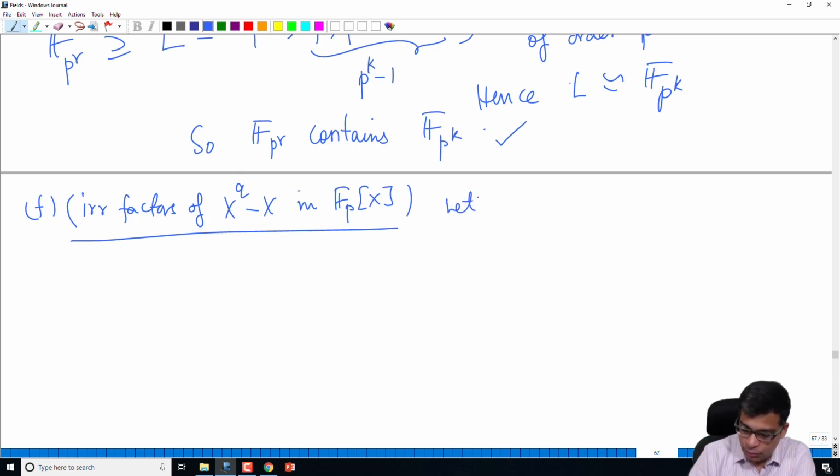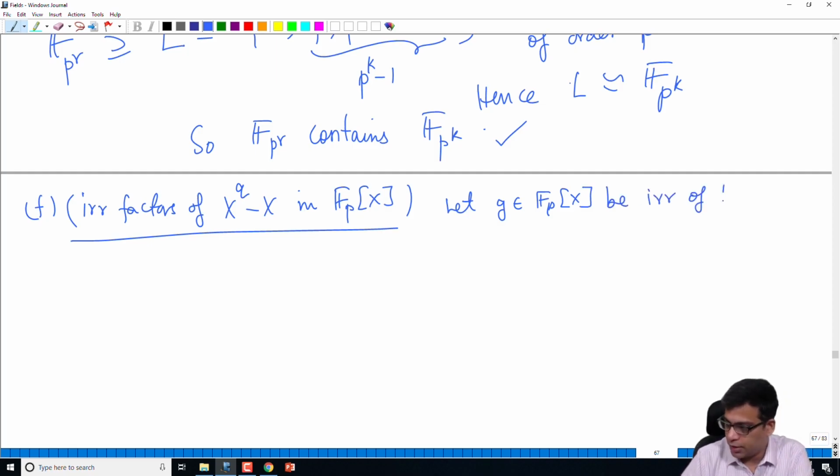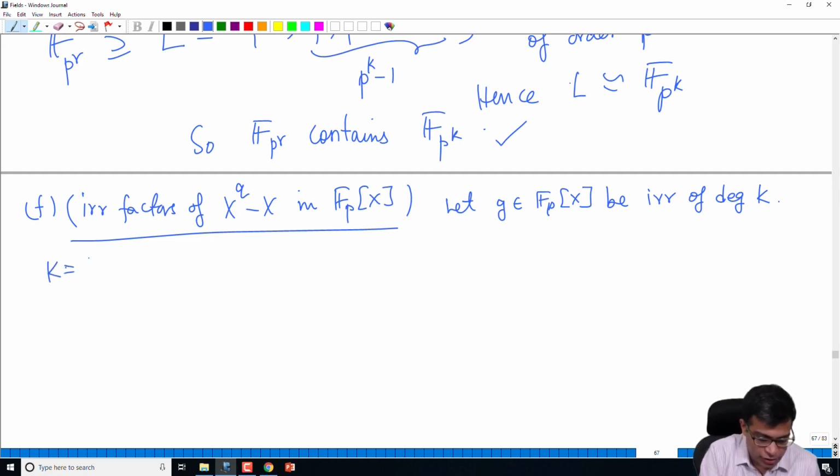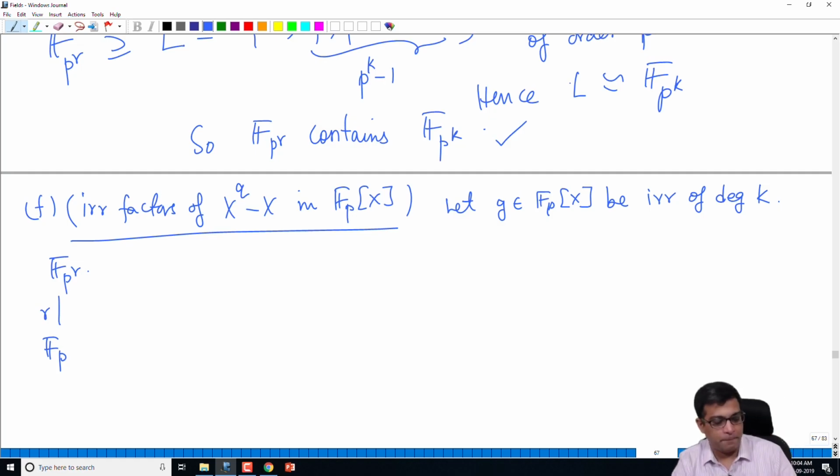So let g in Fp[x] be irreducible of degree k. Now we are going to work with K, which is F p power r sitting over Fp. This is a field extension of degree r, and remember x power q minus x splits completely in F p power r. It is in fact the product of x minus each element of F p power r.